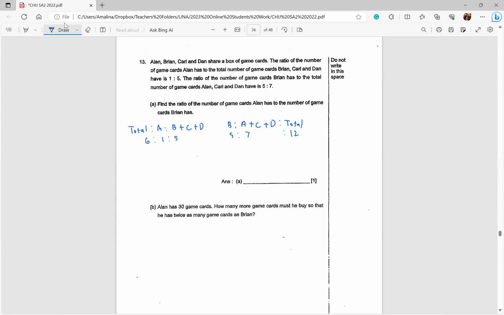My right-hand side here is a 12. So I must multiply this by 2. Okay, so I get my new ratio 2:10:12. And then there's no change to my right-hand side. So if I want to find my answer, the ratio that Alan has to Brian, so Alan has 2, Brian has 5. So the answer is 2:5.